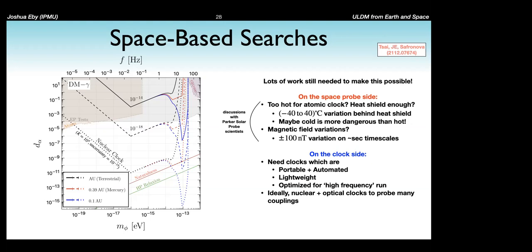The sensitivity that's assumed here is based on what is possible on Earth, and I have some backup slides if you want to know more about the technical issues around clocks, but the clock infrastructure doesn't actually matter that much. There are some clocks optimized to look at two transitions, some with two different isotopes. There are also linked clocks at different positions on Earth, and they do analysis this way. So there are many ways this could be done.